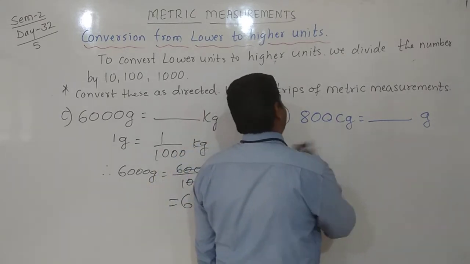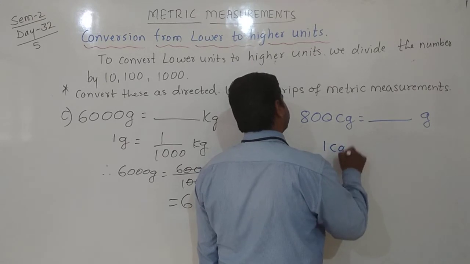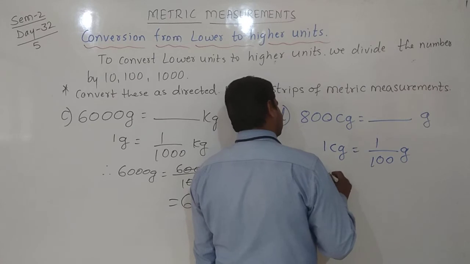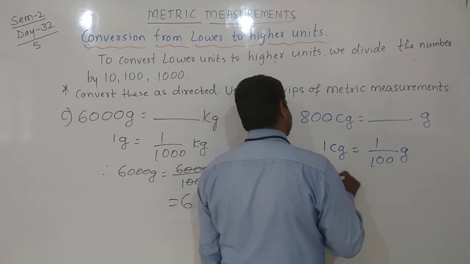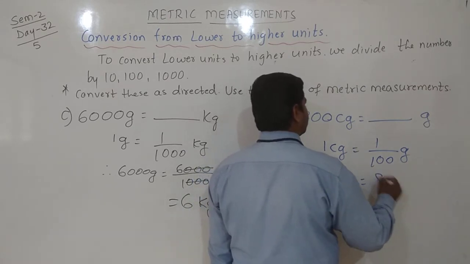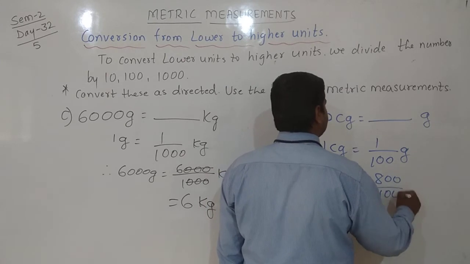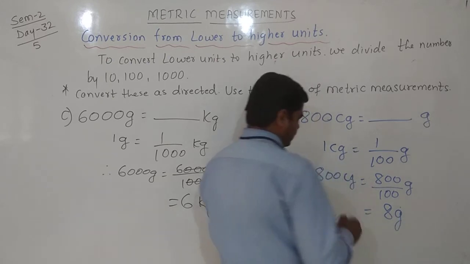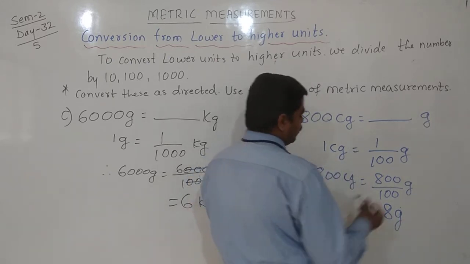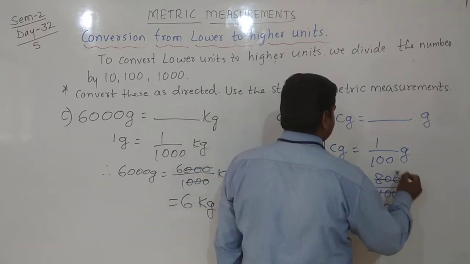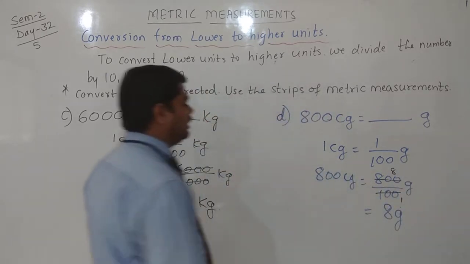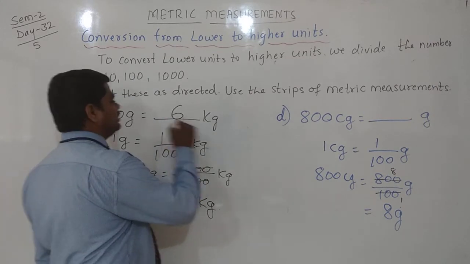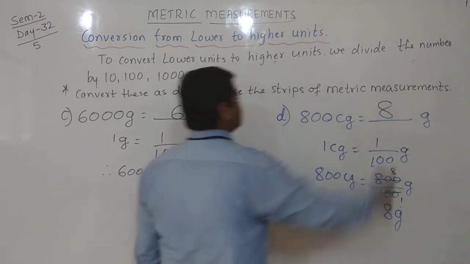Therefore, 1 centigram is equals to 1 by 100 grams. Then 800 centigram is equals to 800 by 100 gram, that is 8 gram is the answer. Why 8 gram? Because 100 one time, 100 8 times. Right, this is 6 kg, this is 8 gram.